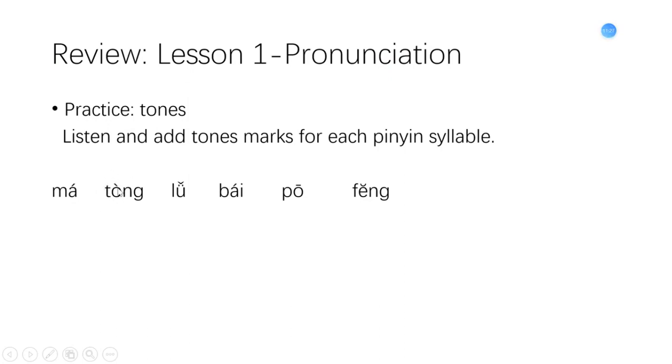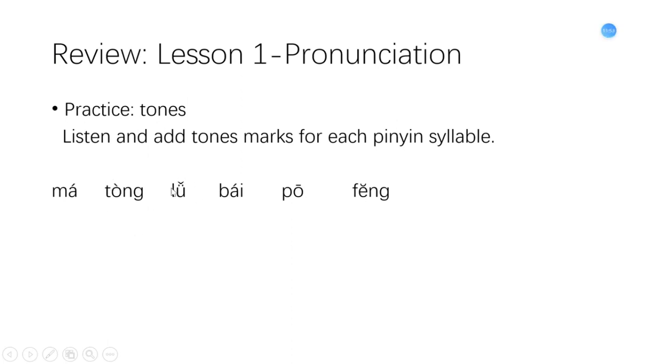So the fourth tone is opposite to the second tone. It's from a higher pitch to a lower one, right? So the beginning point is rather high, and then suddenly it goes down. So it's like tong, tong.